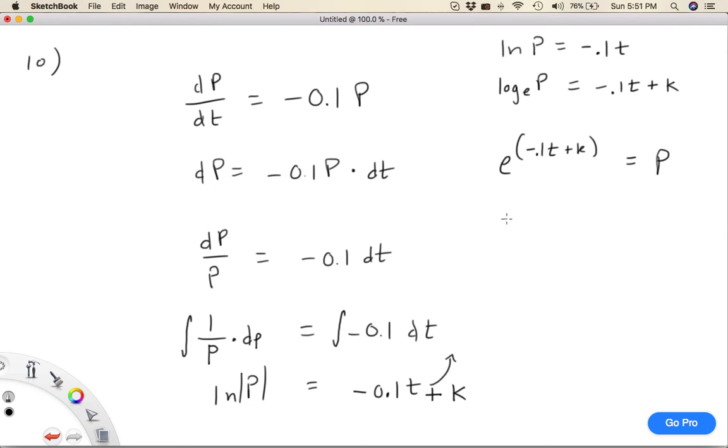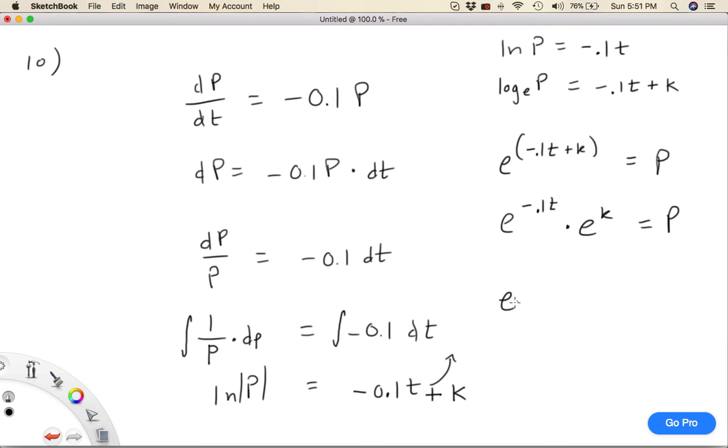We can separate this left side because of the rules of exponents. We're going to call this e to negative 0.1 t times e to the constant is equal to P. And then we're going to use the initial value that they told us. So they told us when t is 0 that P is 100,000.